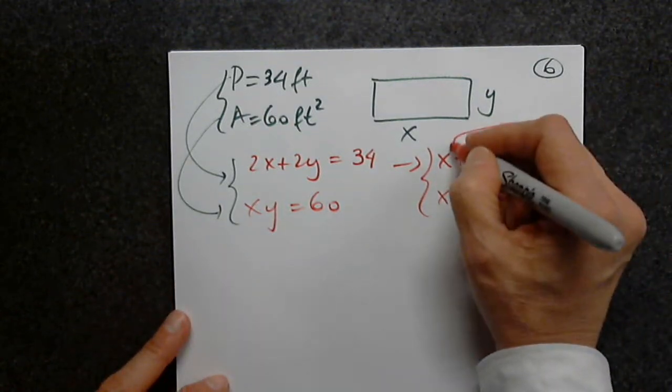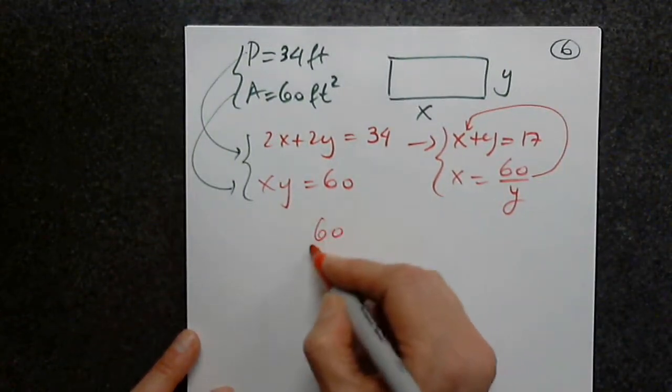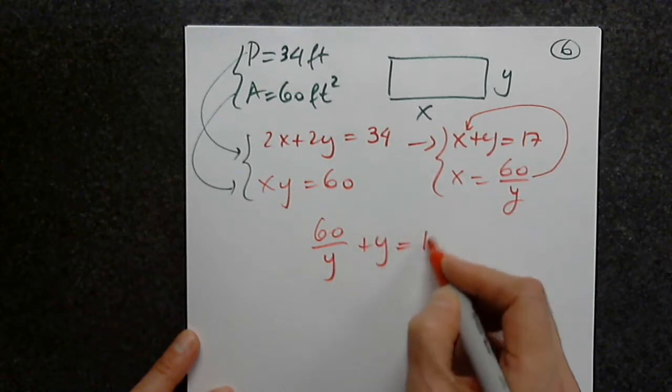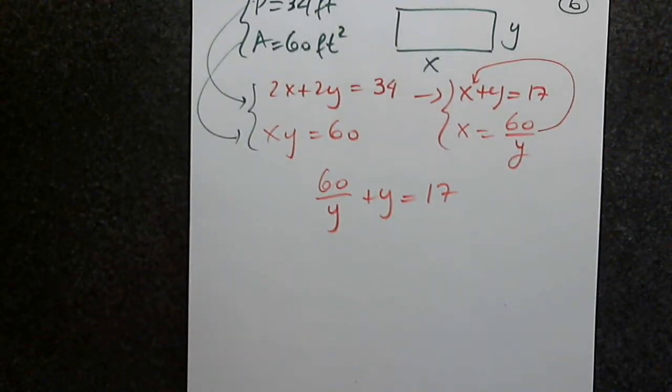So I will replace x by 60 over y, plus y equals 17. Now I have to remember what to do next and what type of equation it is. We know so many different equations: exponential, log, linear, quadratic, radical, quadratic in form, absolute value, rational. What type is it?